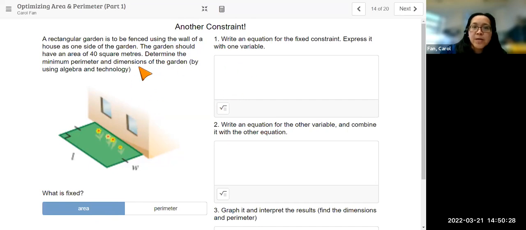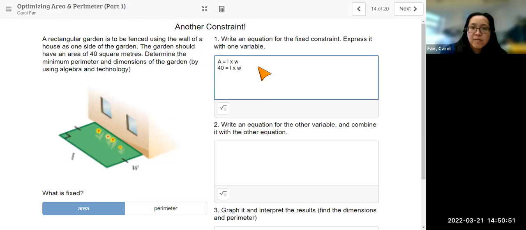So since we know that area is fixed, let's first write an area equation. Based on this diagram, our area is going to be length times width. But we also know that this is 40. So 40 is equal to length times width. And I could rearrange it so that length is equal to 40 divided by W.